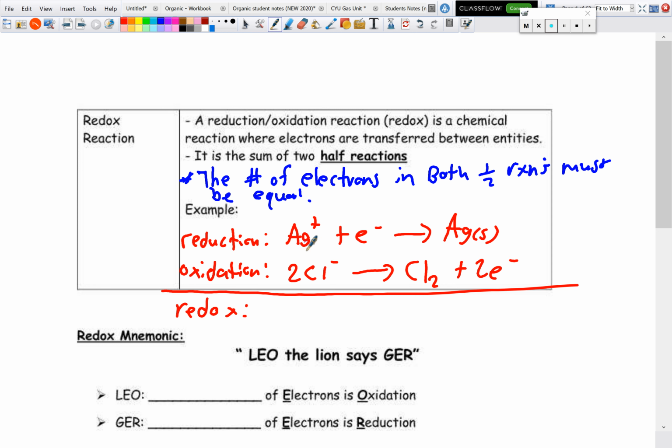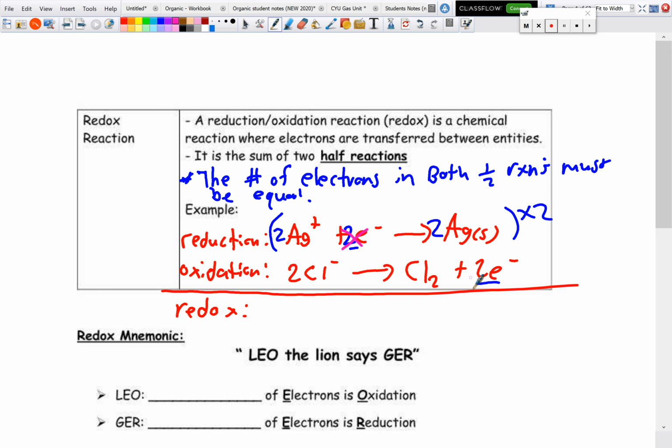So when we look here, in our silver example we have 1 electron, and in our chlorine example we have 2 electrons. Well, what we can do is multiply this whole equation by 2, so we get new coefficients in front. Now, if you remember back to Hess's law, when we add 2 equations together, if one thing shows up on the reactant side and the exact same thing with the exact same number shows up on the product side, they're going to cancel out.